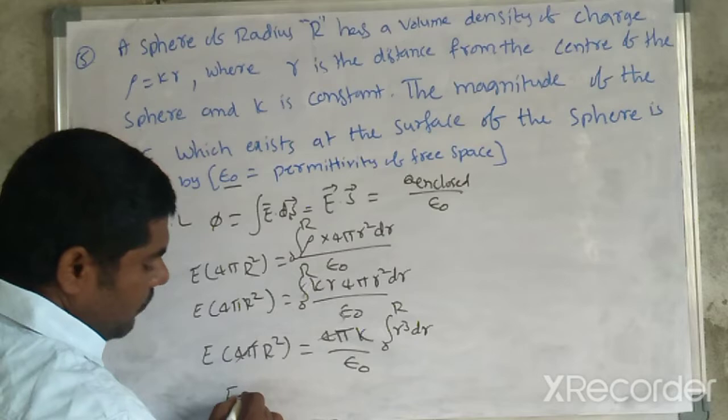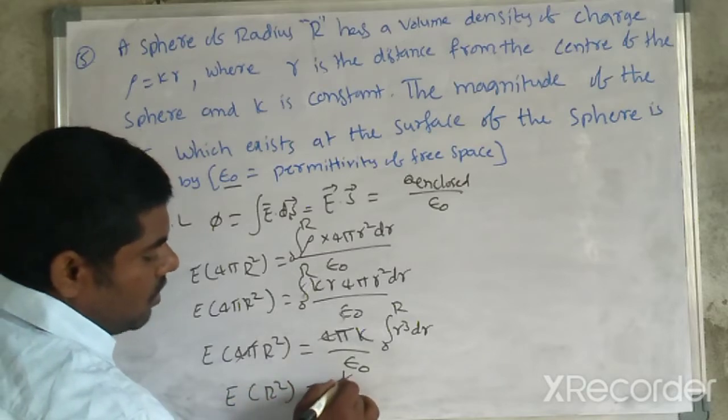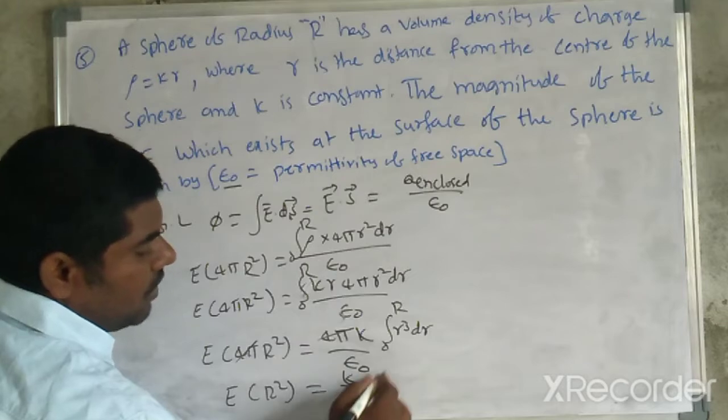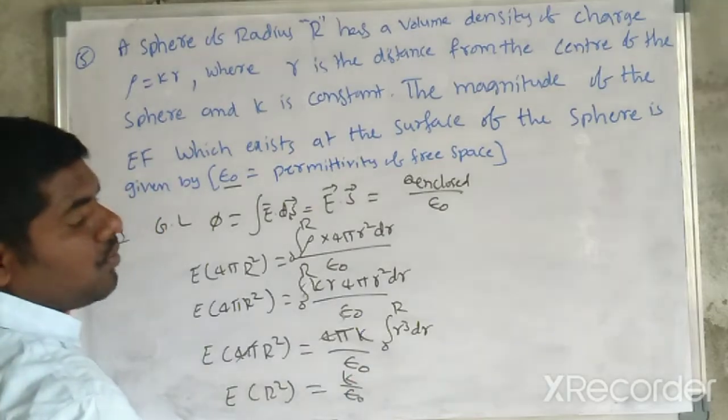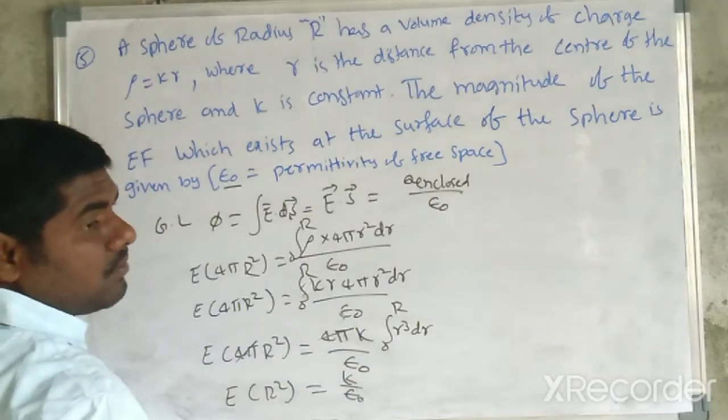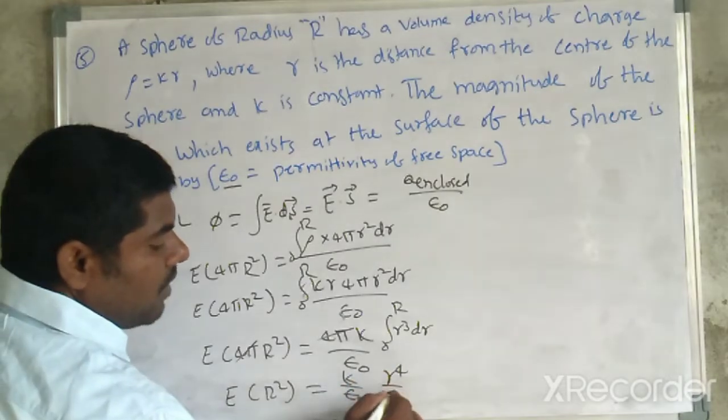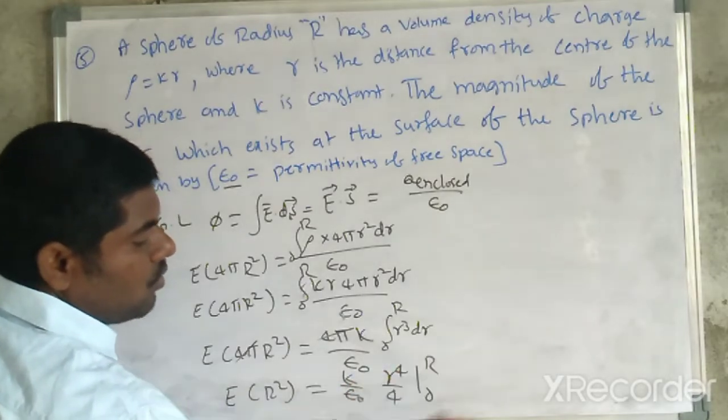So electric field into R square is equal to k upon epsilon naught into integral r cube dr, which is nothing but r power 4 by 4, limits 0 to R.